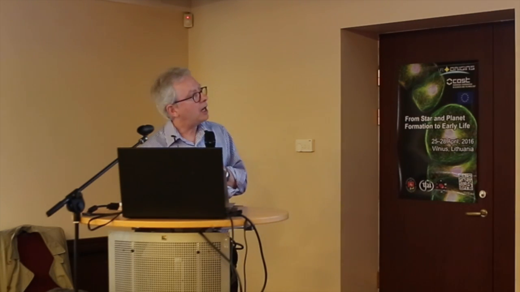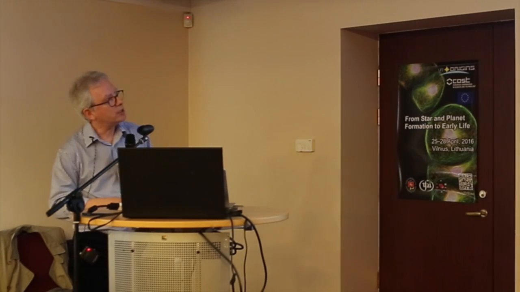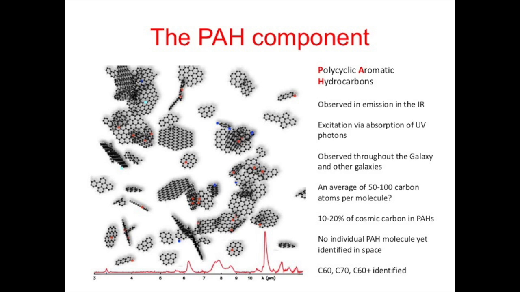I'm not going to say anything about the polycyclic aromatic hydrocarbon component, which you can think of either as small dust grains or very large molecules. We certainly know that we see them all over our own galaxy and in other galaxies throughout the universe. We see them in emission, so they need an excitation source, which is generally nearby ultraviolet radiation. So we see them where there are sources of ultraviolet photons.